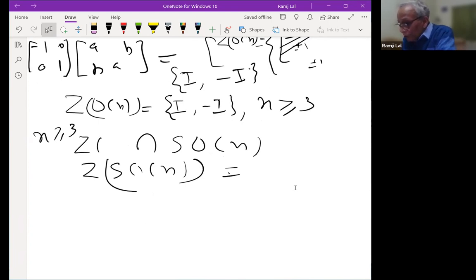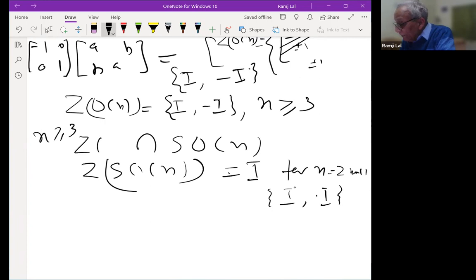I'll come to SO(2). So the center of SO(n) is identity for n odd, and it is identity and minus identity if n is even. So that is the center, right?